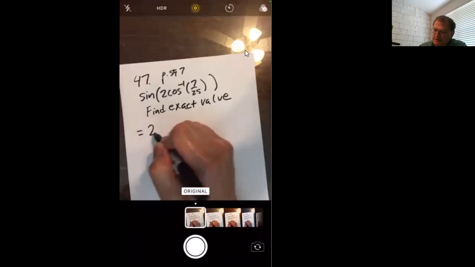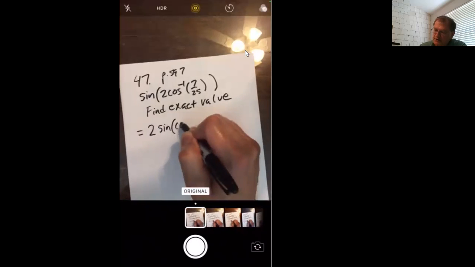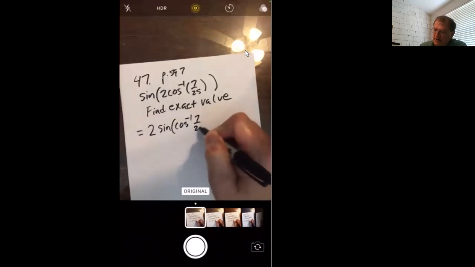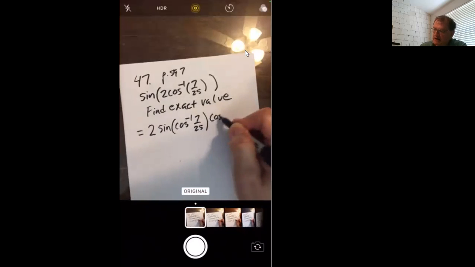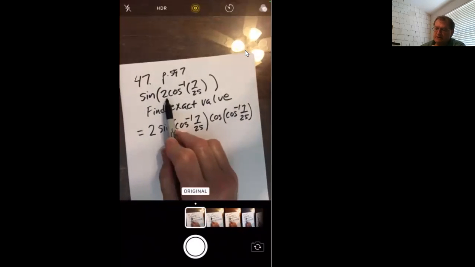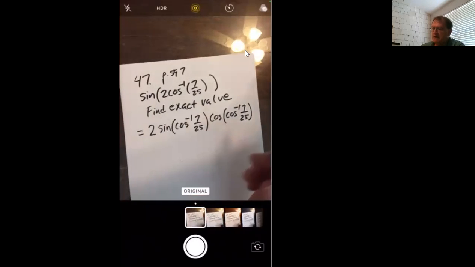You're going to take twice the sine of arc cosine of 7 over 25 and the cosine of the arc cosine of 7 over 25. Meaning it's twice the sine of this times the cosine of this. This is easy. 7 over 25.